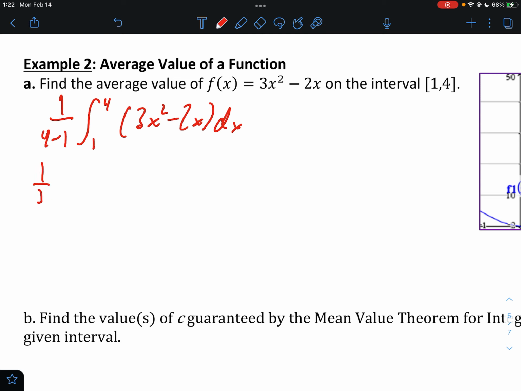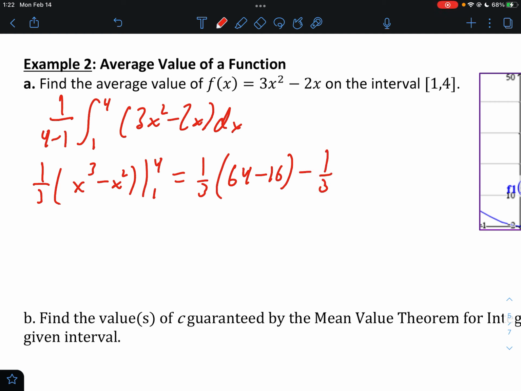We're going to take the integral here, so we have x cubed, because it's 3x squared integrated to x cubed, minus 2x squared over 2, or just minus x squared, from 1 to 4. So that's 1/3 times 4 cubed, which is 64, minus 16, minus 1.